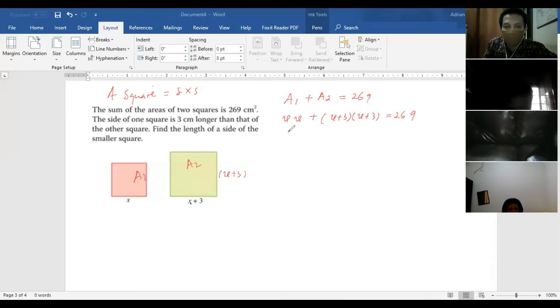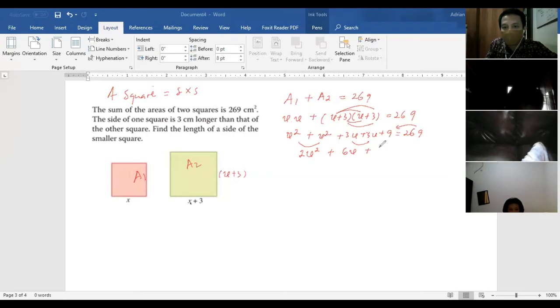So x times x is x squared. And here, what about this one? Yeah, you have to expand, right? x times x, x squared. x times 3, 3x. 3 times x, 3x. 3 times 3 is 9. Right? Equal to 269. And then this one, you can simplify. 2x squared plus 6x plus 9, and then move to the left, right? 9 minus 269 is minus 260, equals 0.